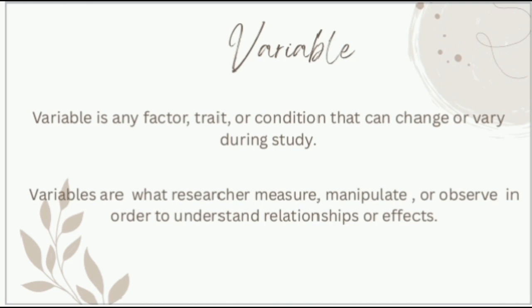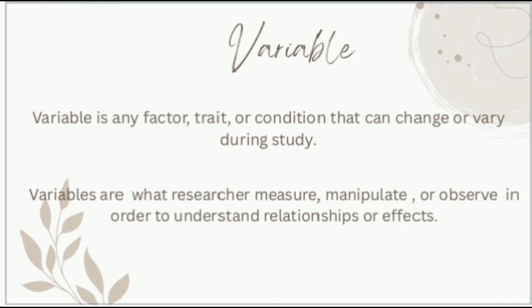I told you, variable means a trait, condition, factor, or anything that is being studied during research. The second definition is: variables are what researchers measure, manipulate, or observe in order to understand a relationship or effect.